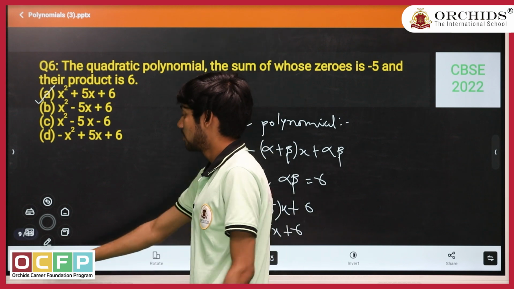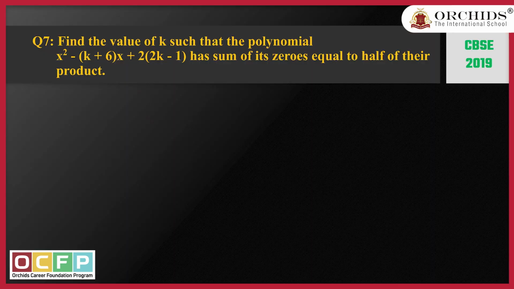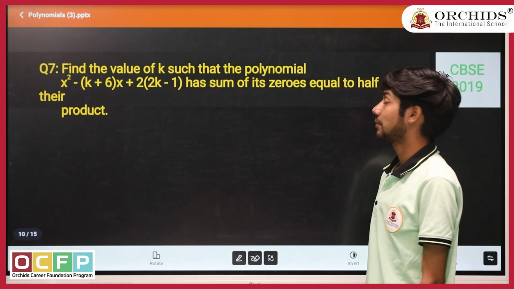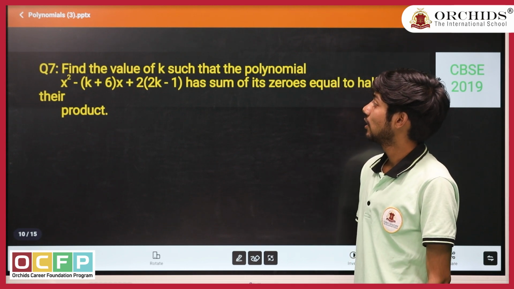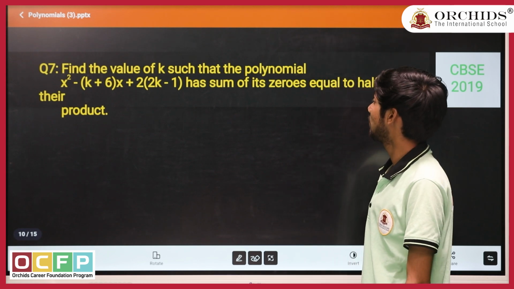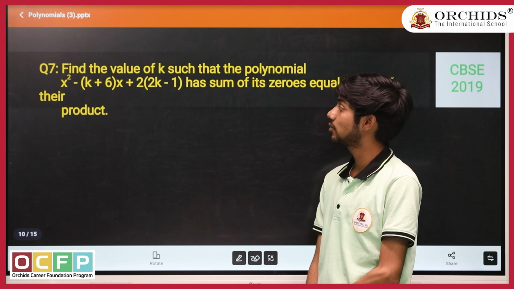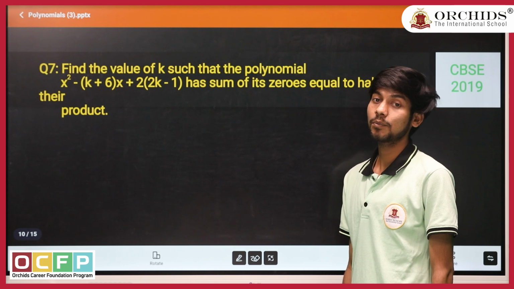Now let's move with the next question. So this question was asked in the CBSE Board 2019 exam, and it was a very good question. In the question it is given: find the value of k such that the polynomial x² − (k + 6)x + 2(2k − 1) has the sum of its zeros equal to half of their product.